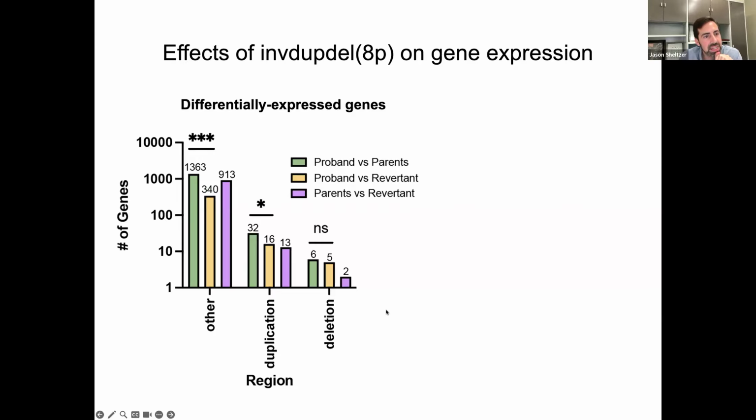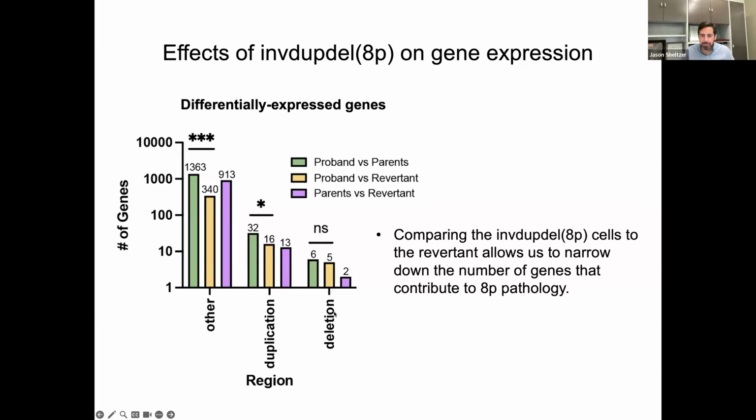So from this analysis, I think we found a few things that really stood out and that were really interesting to us. So the first is that comparing the cells with the inversion duplication of 8p to the revertant, that is the cell population where we eliminated the rearranged copy of 8p, allowed us to significantly narrow down the number of genes that contribute to 8p pathology.